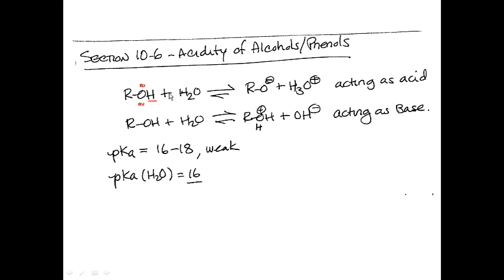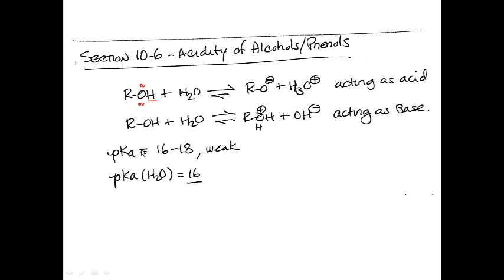Let's write an equilibrium where we take the alcohol and react it with water. The alcohol can donate a proton to water, or the alcohol can accept a proton from water to make an oxonium ion and a hydroxide. So the alcohol can act either as a Bronsted acid or a Bronsted base.